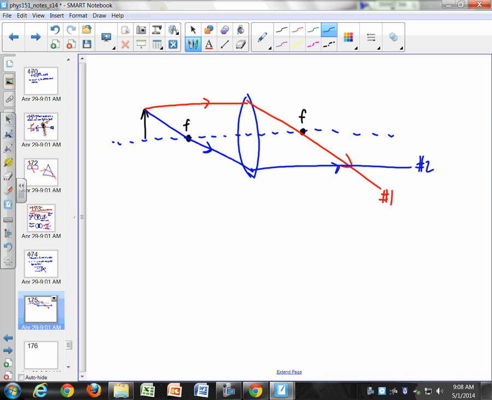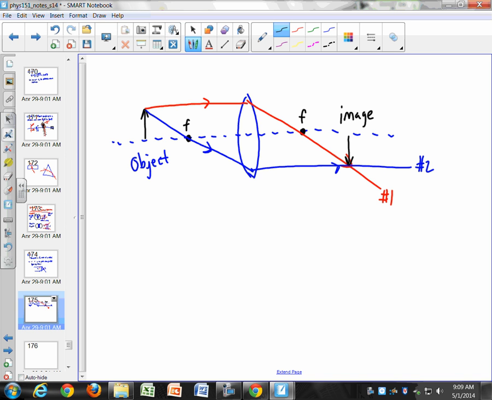Parallel to the axis through the focal point, and then the second ray is basically the reverse of that, through the focal point, parallel to the axis. Now, this is my object, right here. My image, then, is going to be over here. This is my image.